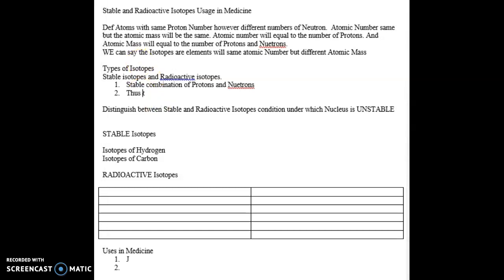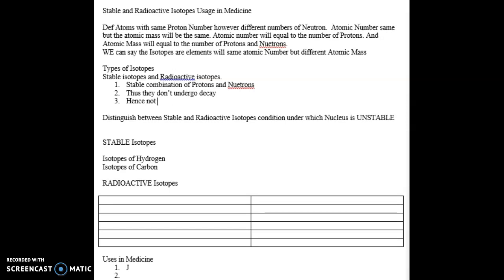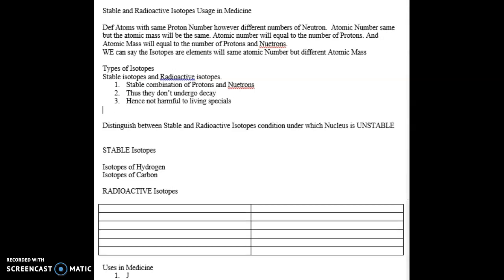Thus they don't undergo decay, hence they are not harmful to living species. They can come from the environment, from geochemistry, and do not pose dangerous effects to living species.